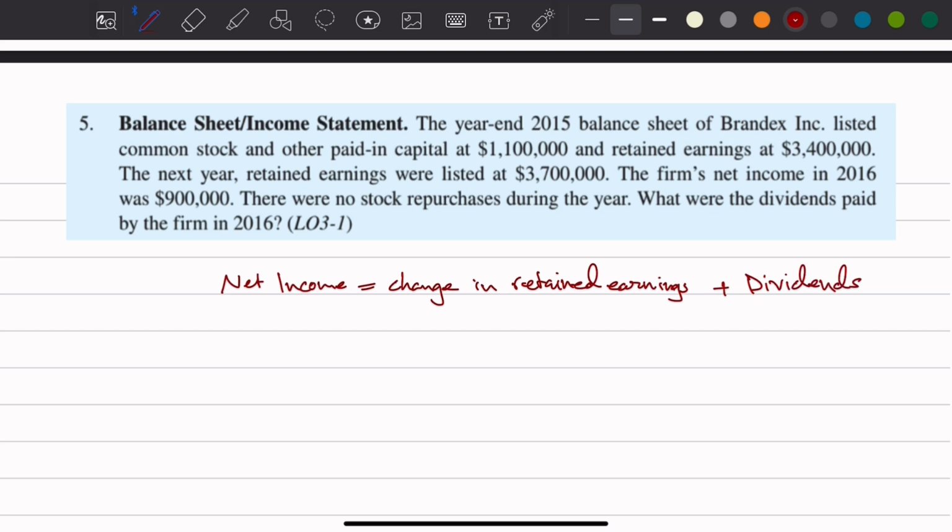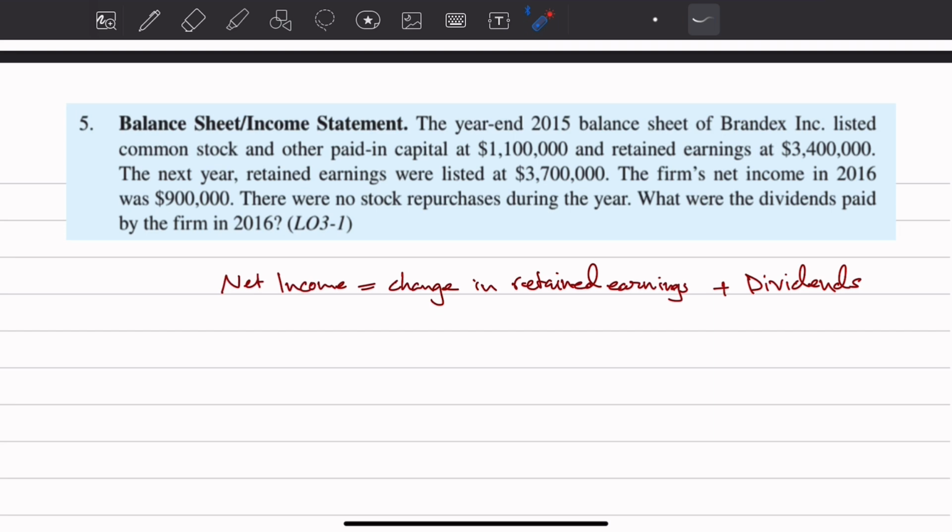There's no other way for the profits of the company or the net income of the company to be spent. It could either be reinvested in the business in the form of retained earnings, or it could be given back to the investors in the form of dividends.